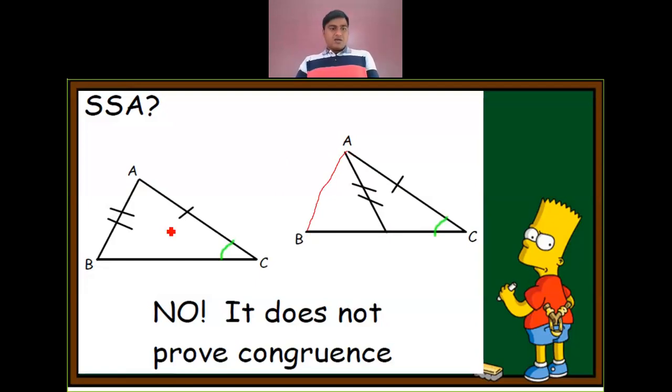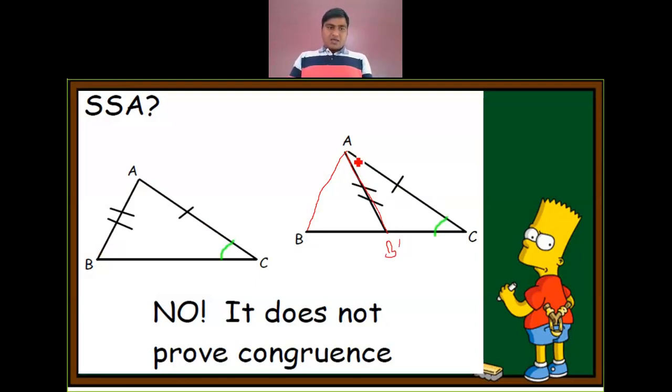This is the AB. So therefore this triangle and this triangle, this is the point B, just B moves to B dash.